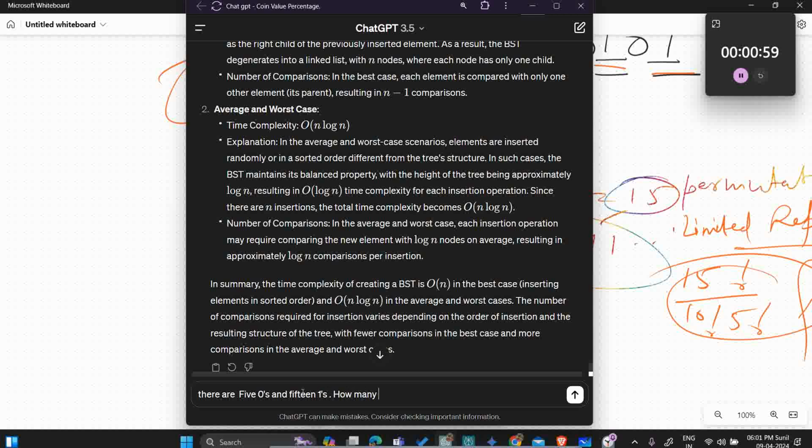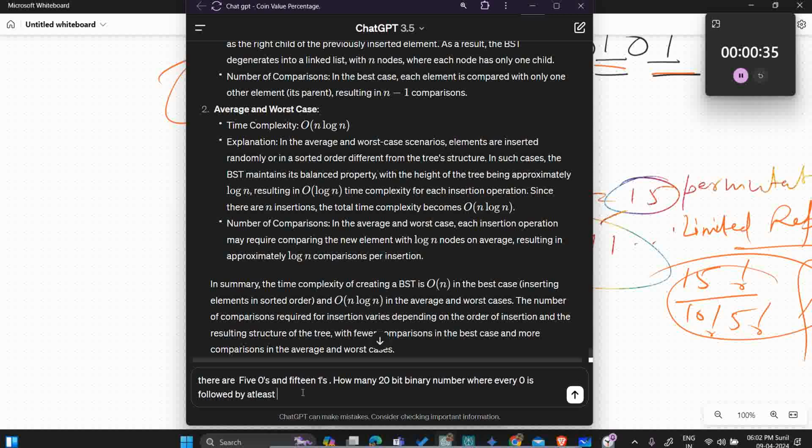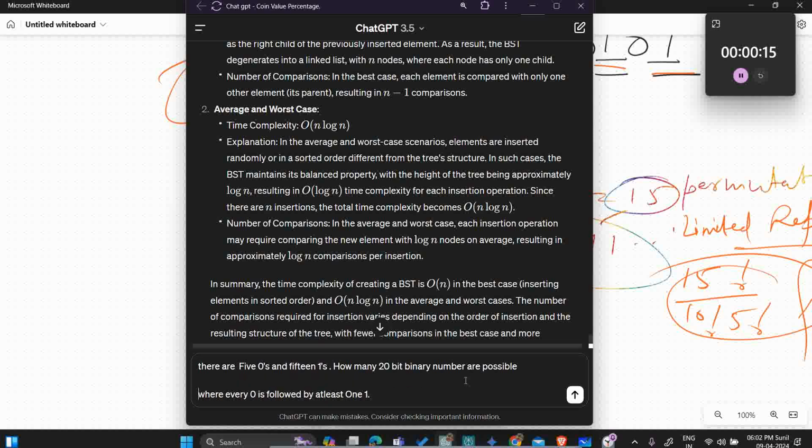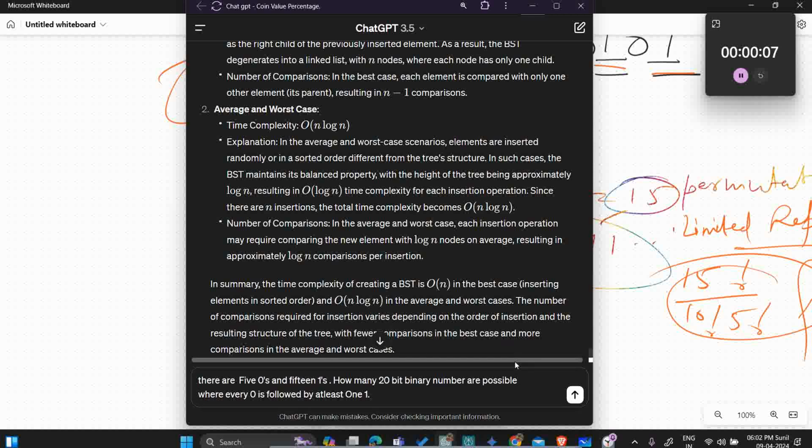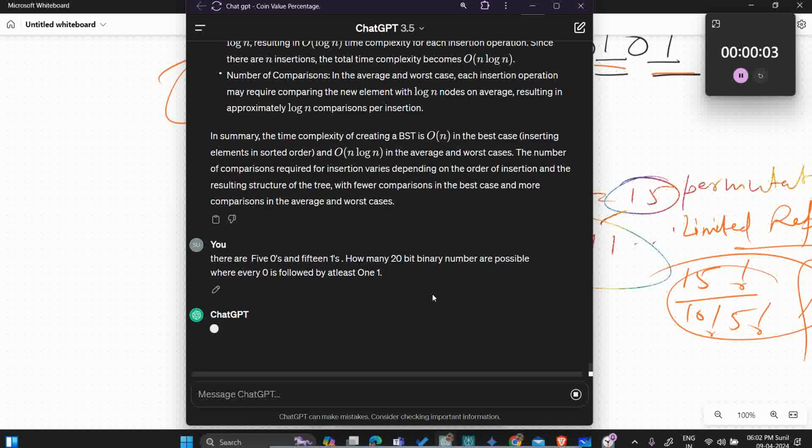How many 20-bit binary numbers are possible where every zero is followed by at least one one? Let us ask this question.